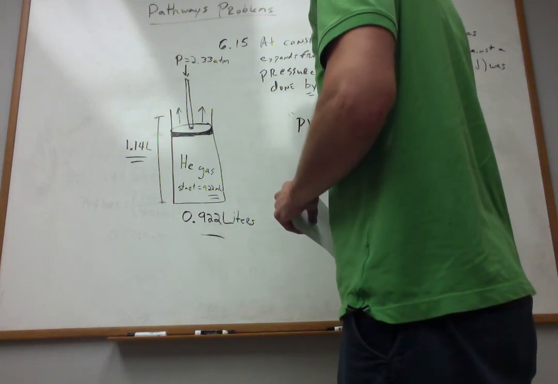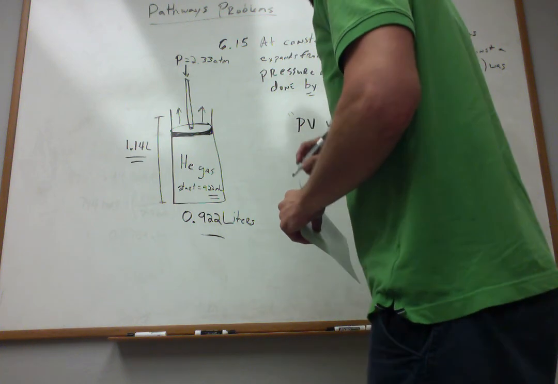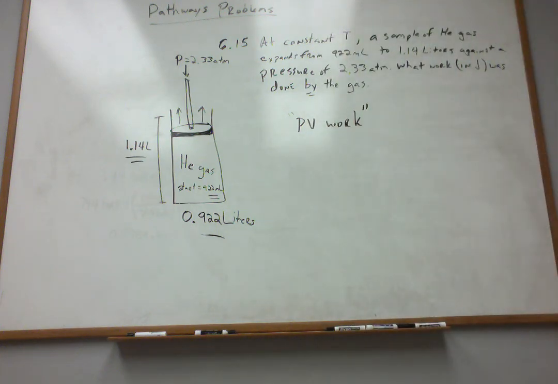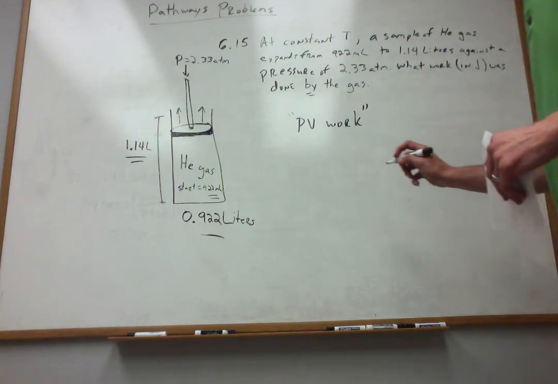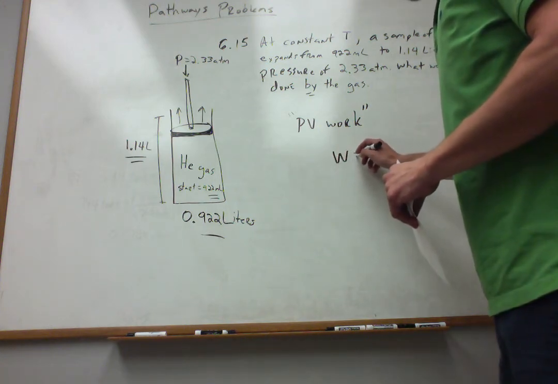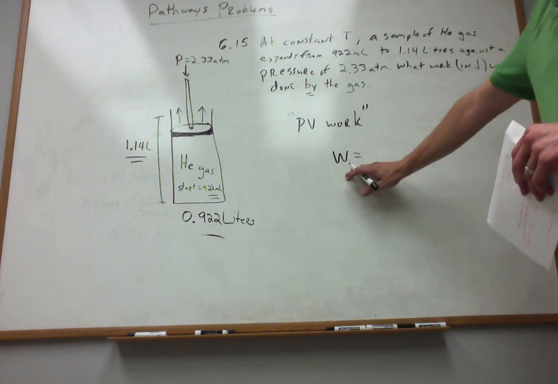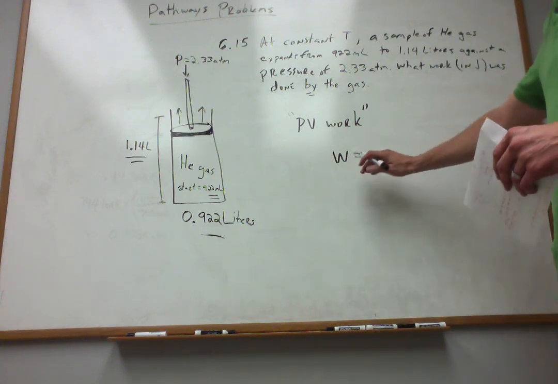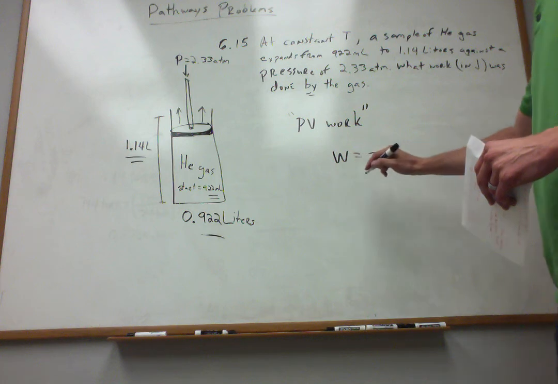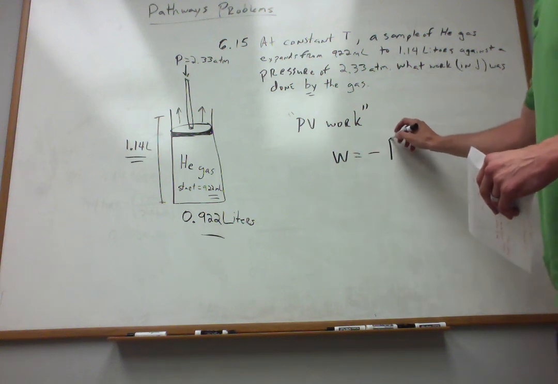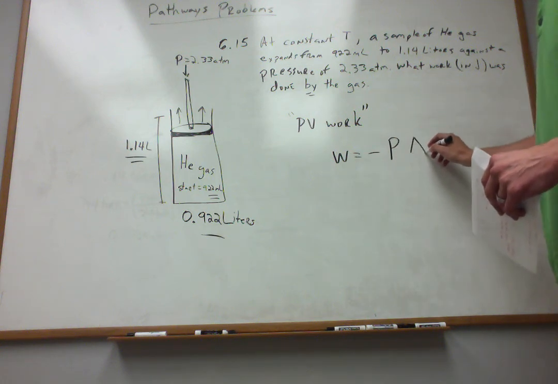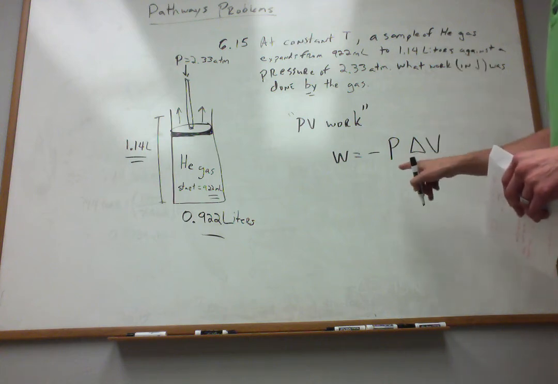This type of work in chemistry is called PV work, for pressure-volume work. And it just so happens that there's a very convenient formula for figuring this out. The work, W, is equal to negative P times delta V, hence PV.